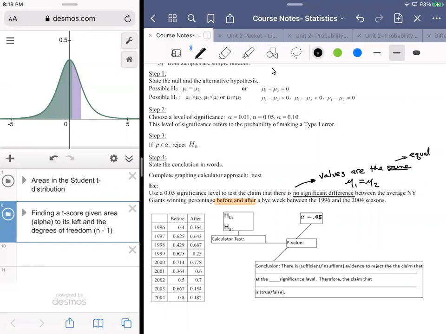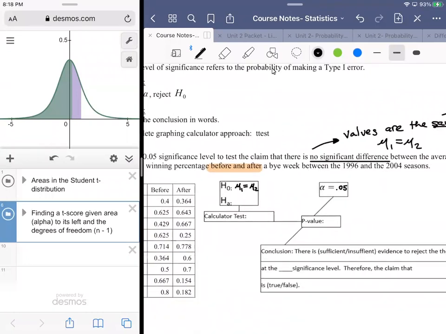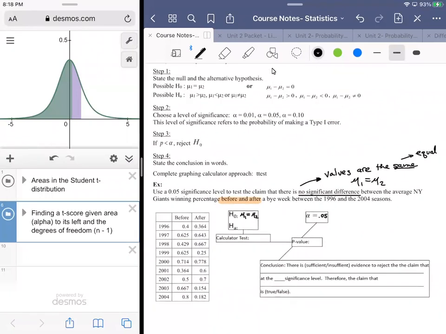So the null hypothesis always involves the equal sign. So mu1 is equal to mu2, right? So we got that claim. Now, we don't really have a sense of the alternative hypothesis here. Again, it says use a 0.05 significance level to test the claim that there is no significant difference between the average winning percentage before and after a bye week between the two seasons.